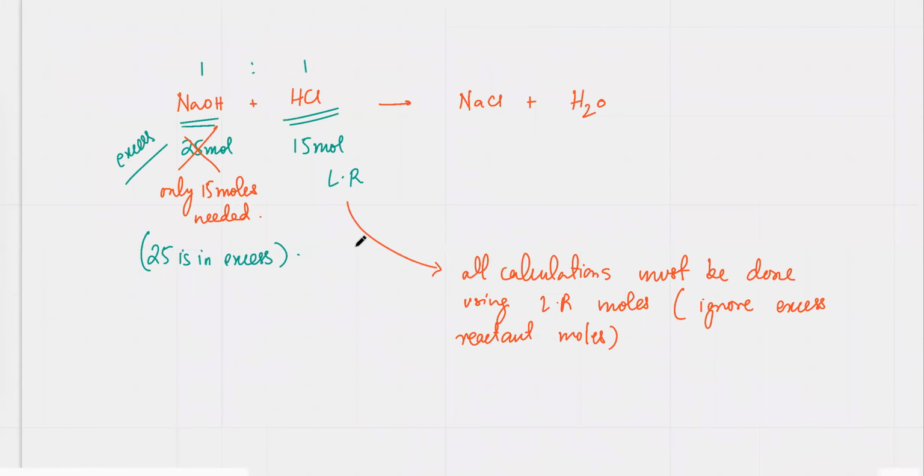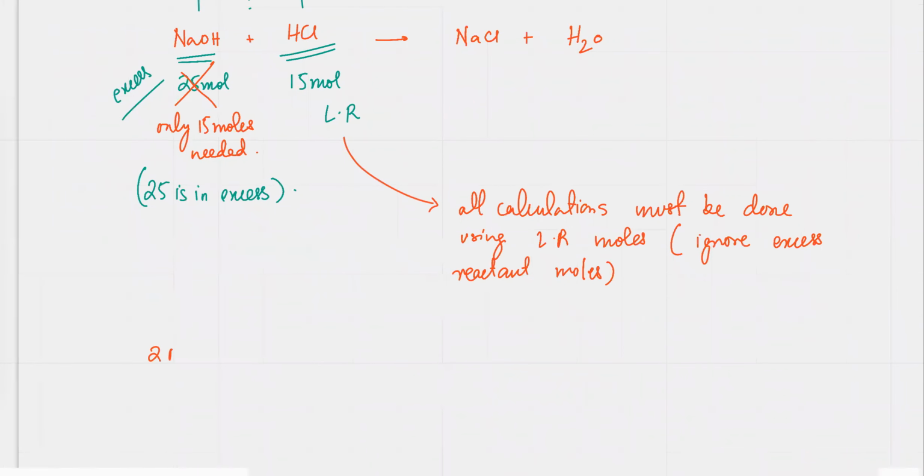So, for example, here's another question. I've got 2 Na reacting with 2 HCl to produce 2 NaCl plus H2 gas. So there's this reaction that's happening, and let's say I've got 65 moles of Na, and I've got 100 moles of HCl, and I'm being asked how many moles of NaCl are produced.